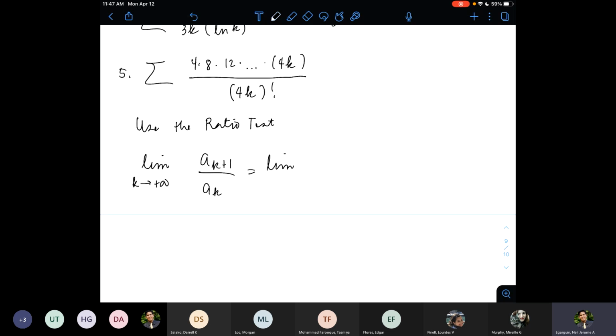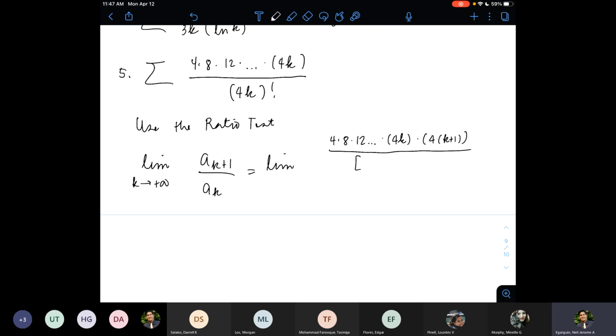So here I'll have 4 times 8 times 12 times 4k times 4 times k plus 1, right? Because I needed to change all k's to k plus 1. So here, the products in the numerator will not end at 4k, because I'm replacing all k's I see by k plus 1. So it will end when I have 4 times k plus 1, all over.